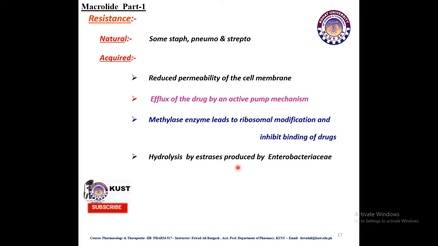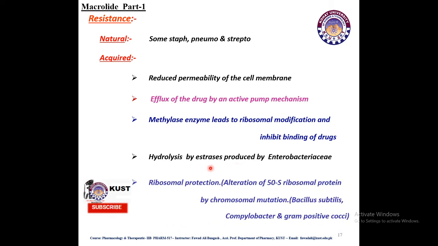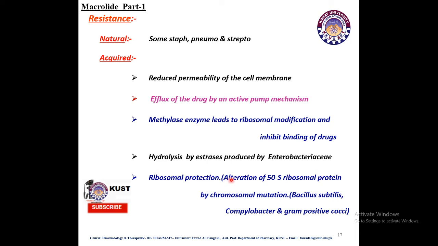Some Enterobacteriaceae species like E. coli and Klebsiella pneumoniae produce esterases, resulting in the hydrolysis of erythromycin. Ribosome protection: alteration of the 50S ribosomal protein by chromosomal mutation.